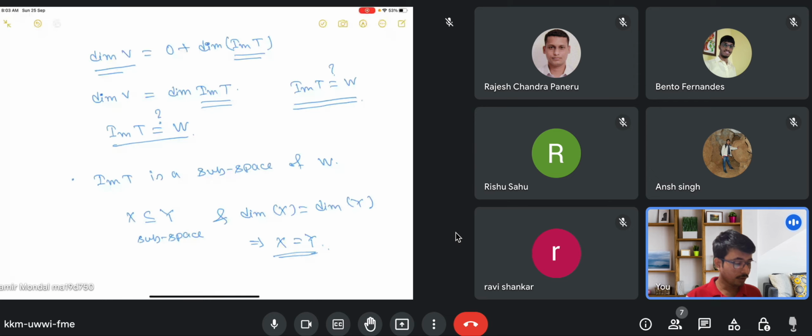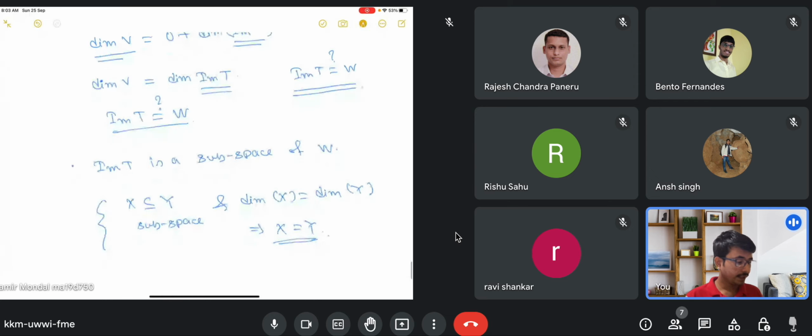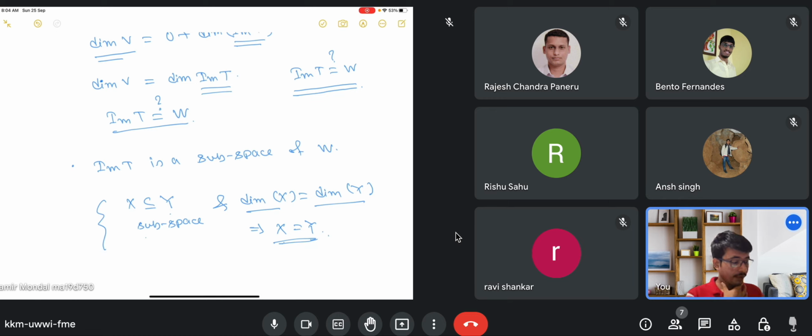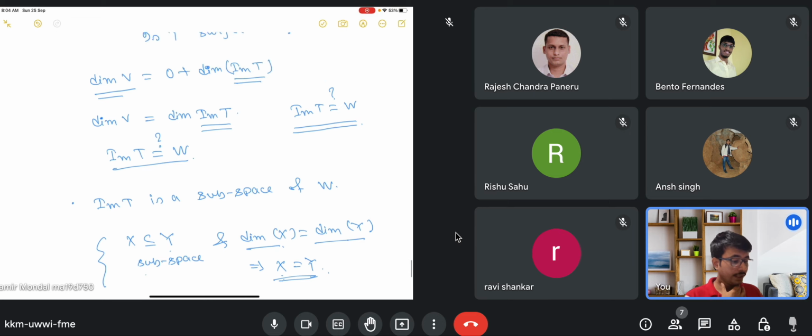This is your known result: if X is a subspace of Y and both dimensions are the same, then X and Y must be the same. The extra condition is that the dimensions of the domain and codomain are equal. We need the image of T to equal W, and we already know the image of T is a subspace of W. So what is the extra condition?